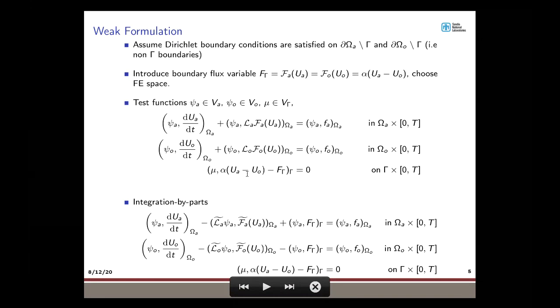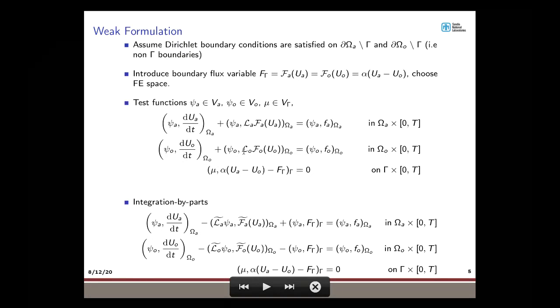So now I test my equations. I treat this bulk condition as an auxiliary equation, and I'm testing it with some basis function in some potentially third space. This allows you to choose a different spatial discretization, possibly for both model equations. So this is an additional degree of freedom you've added to the framework. And then you integrate by parts.